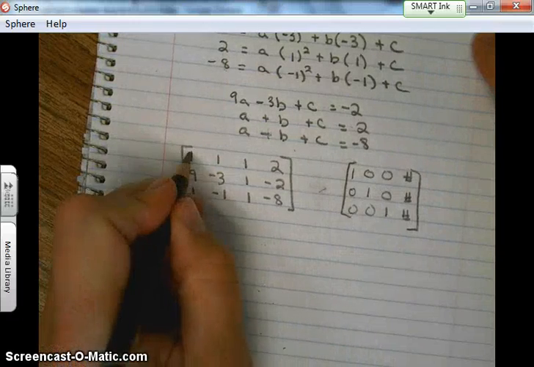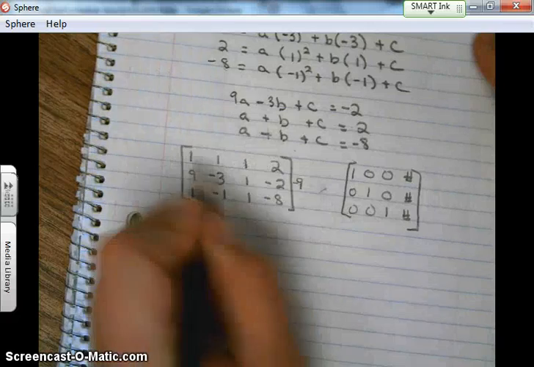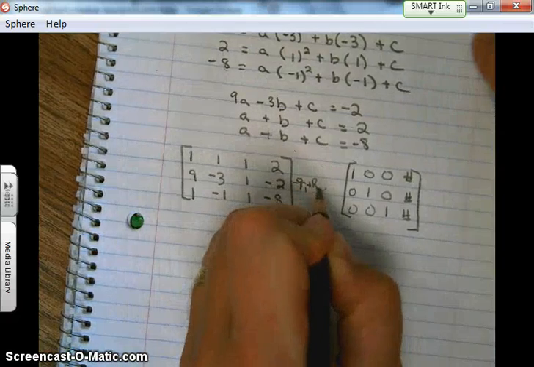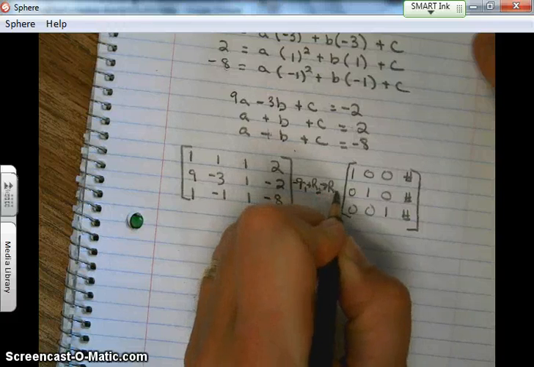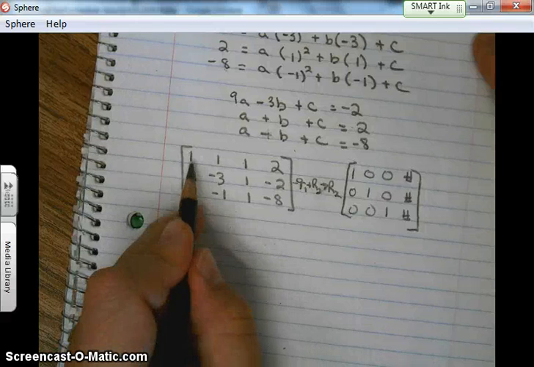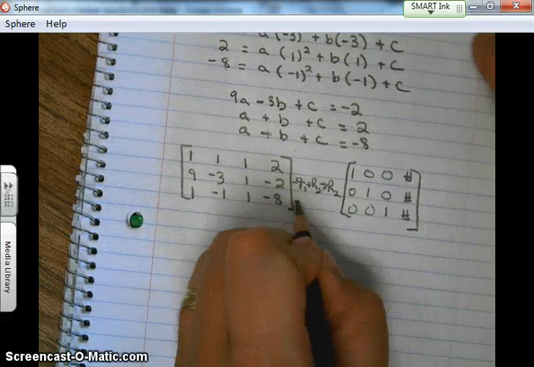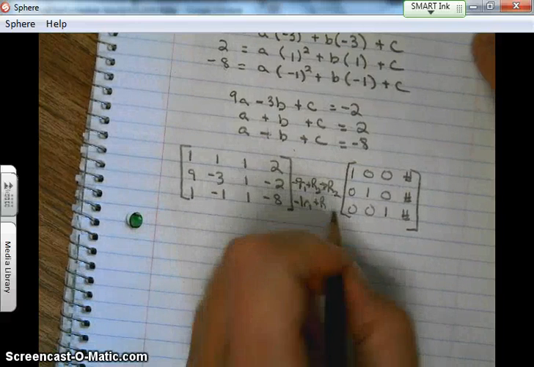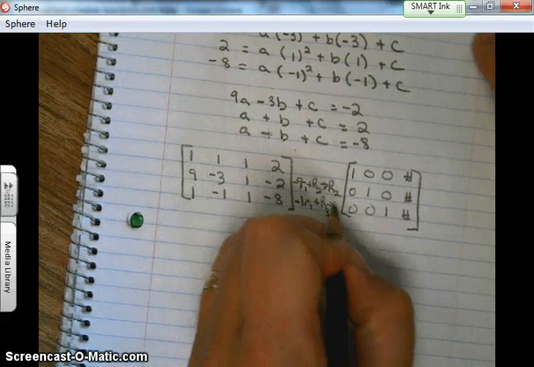I'm going to take row 1 times -9, add it to row 2 to get a new row 2. And here, I'm going to multiply row 1 by -1, add it to row 3 to get a new row 3.